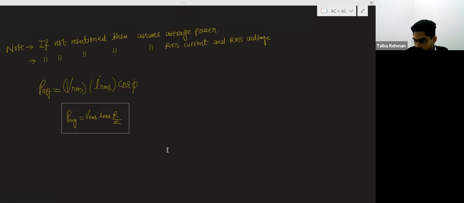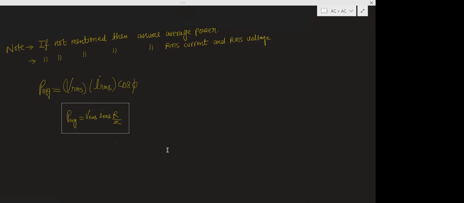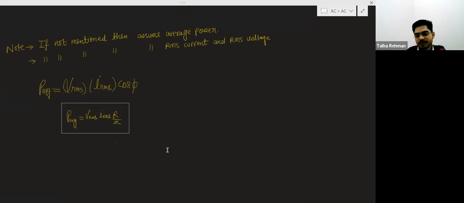Tell me, Matthew, what is the relation between the root mean square current and the peak value of the current? It's directly proportional. Yes, you are right. But what is the value?